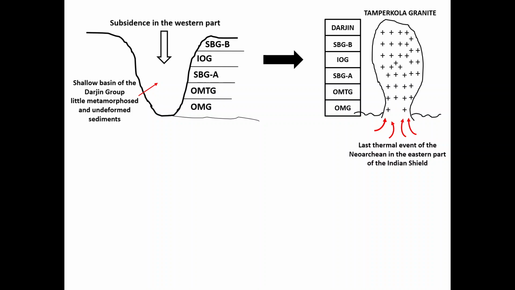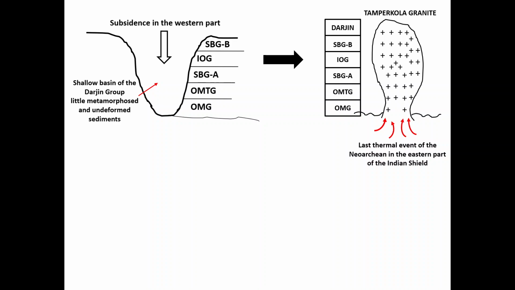The Singhbhum mobile belt is thought of having evolved due to the intracratonic northward subduction of continental plate with Singhbhum granite along the Singhbhum shear zone. Then it is thought that the collision of continental blocks represented by Singhbhum granite and Chota Nagpur gneisses resulted in obduction along the Dalma volcanics.